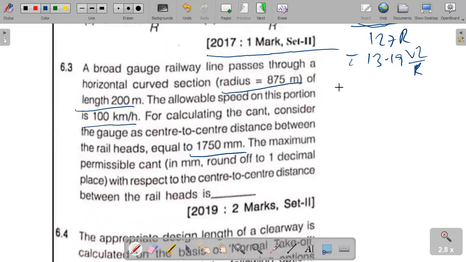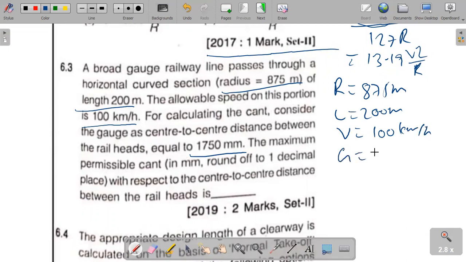Okay, so the given radius is 875 meter, length is 200 meter, velocity is 100 kilometer per hour, the gauge is 1750 mm, and we need to calculate the maximum permissible cant, that is Cm.